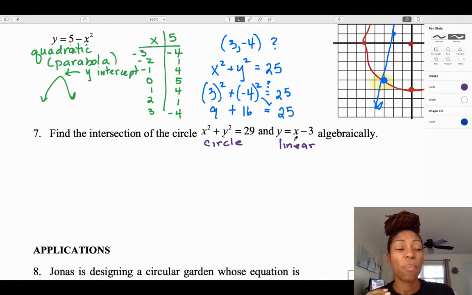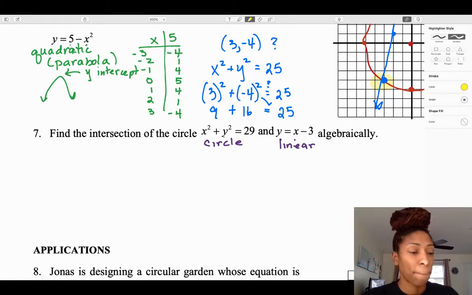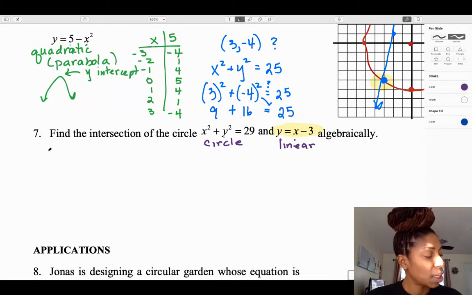So here we have y by itself. Since y is by itself, I can substitute x minus 3 in place of y in the other equation. Let's do it. So x squared plus y squared equals 29.